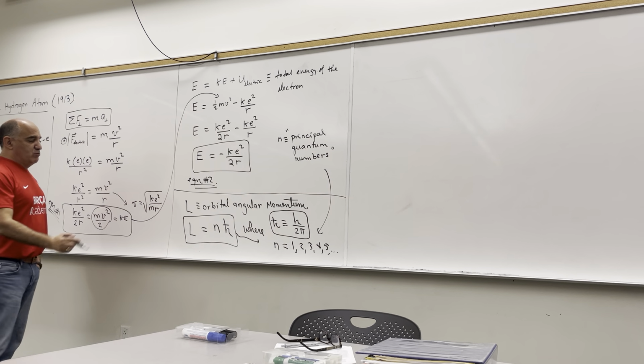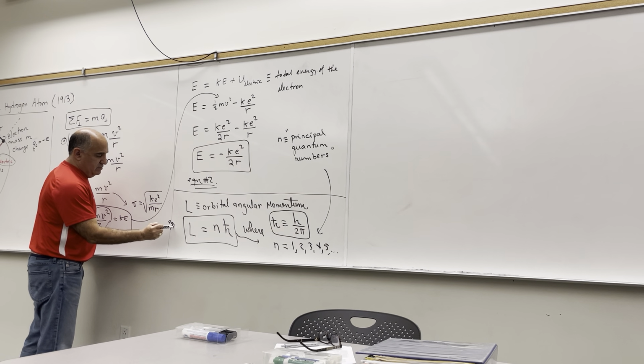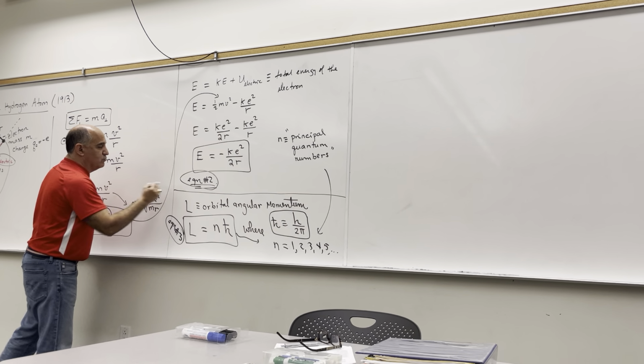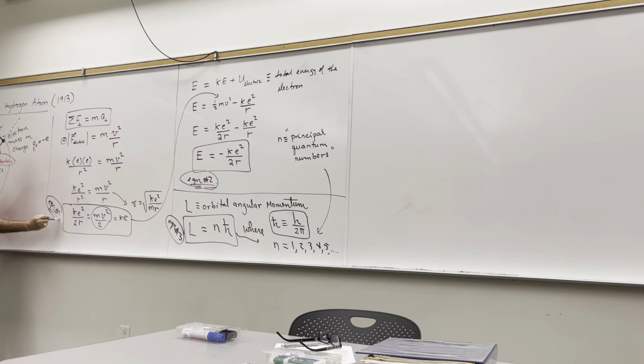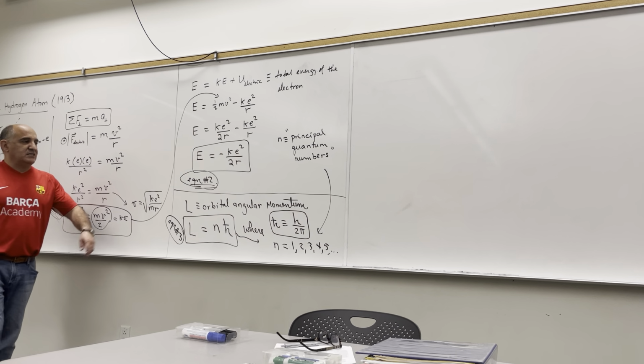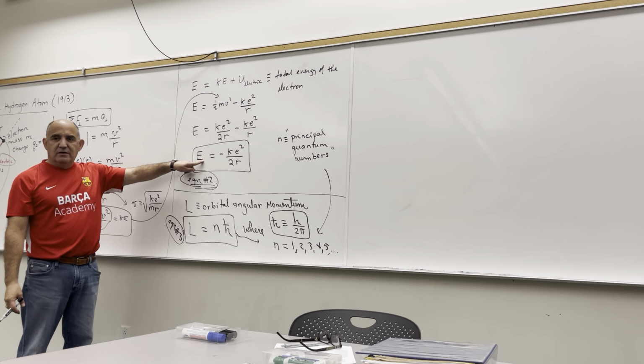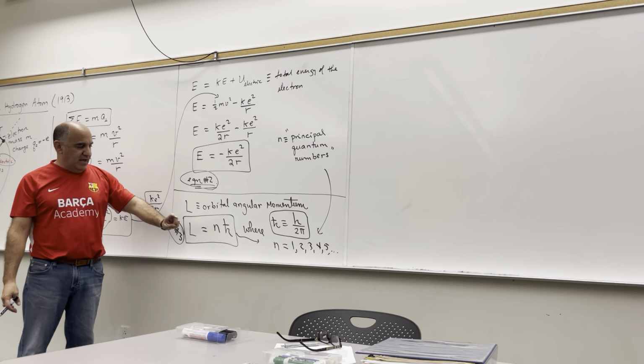So we have equation number 3, equation number 2, equation number 1. And now we just do algebra. Can we express the total energy in terms of constants and n?